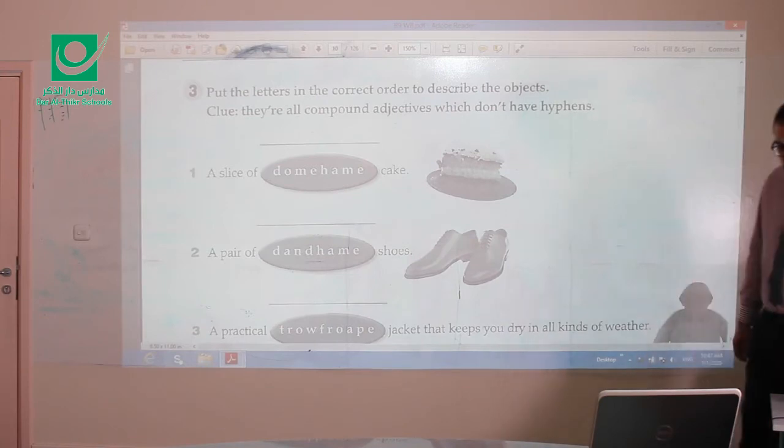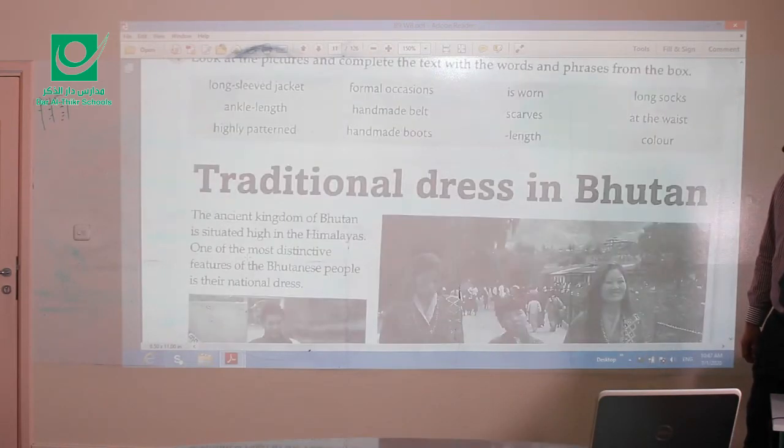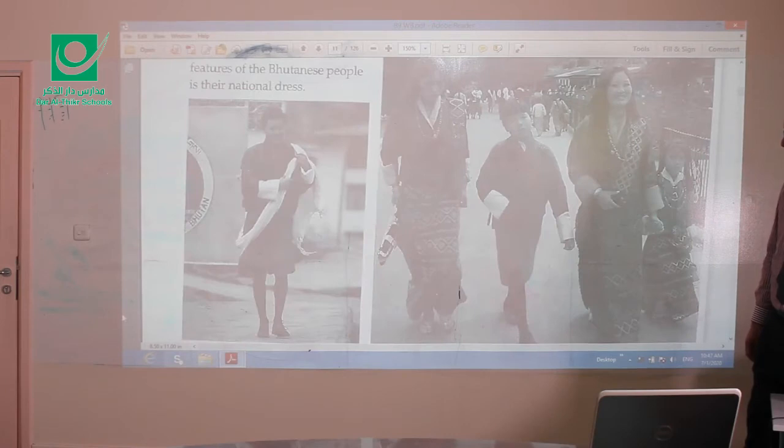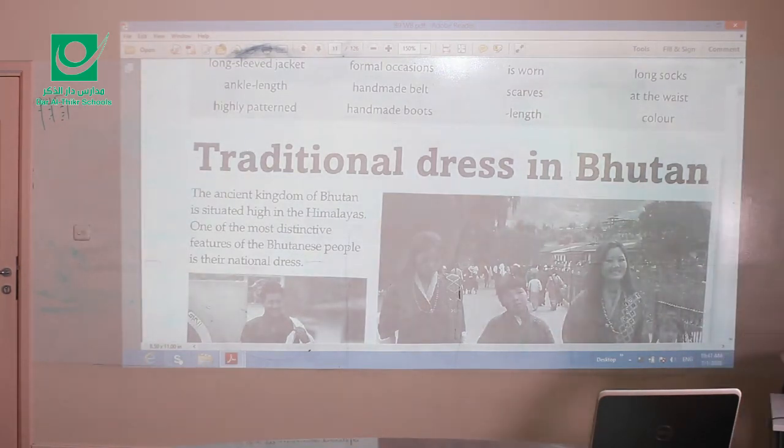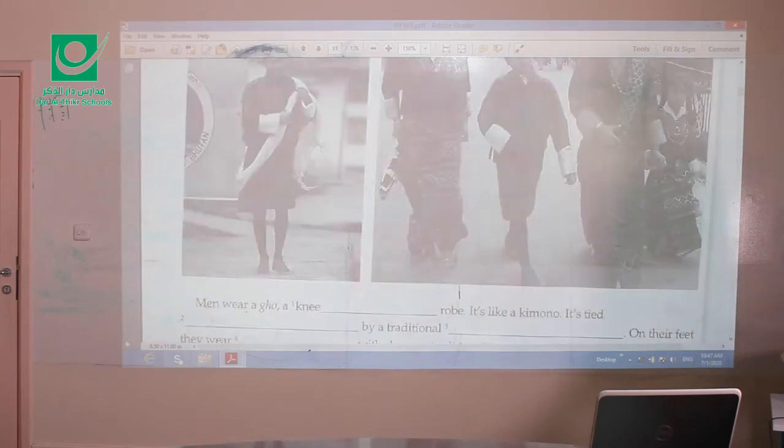Now, also we have a reading text here on the next page. Traditional dress in Bhutan, which is a place in the Himalayas, and we have distinctive features of Bhutanese people for the national dress.